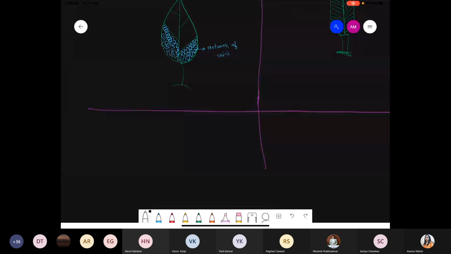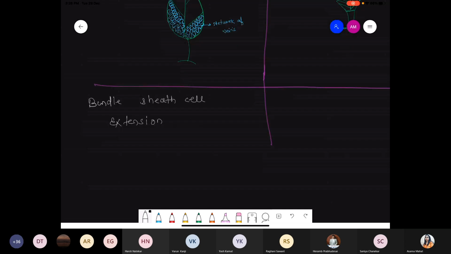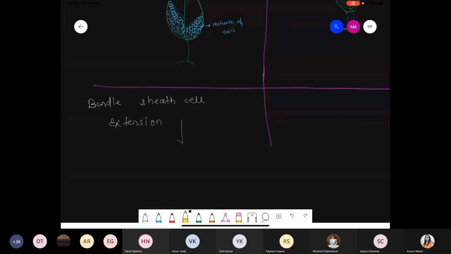We'll see this part in the diagram. Bundle sheath cell extension is present in both dicot and monocot. In the dicot, such an extension is made up of parenchymatous tissue. These are parenchymatous tissue extensions.